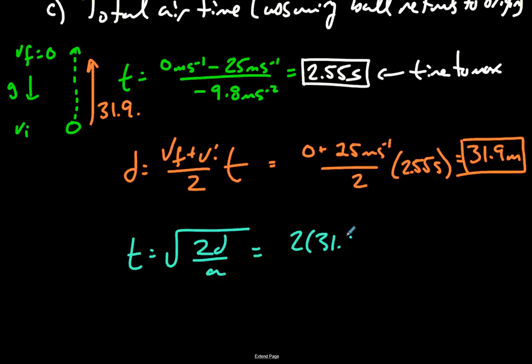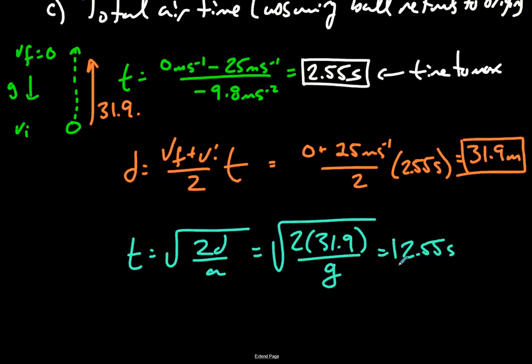So 2 times 31.9 divided by g gives you 2.55 seconds. So the time up will always equal the time down. You might get a slightly different value due to rounding, but with no air resistance, gravity's acting the same and you have a symmetrical flight.